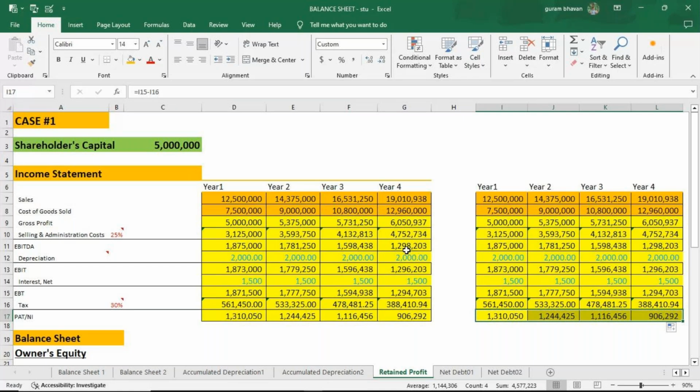So shall we calculate the owner's equity? Yes, ma'am.